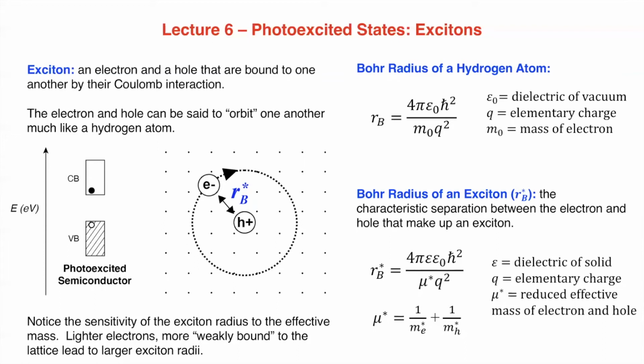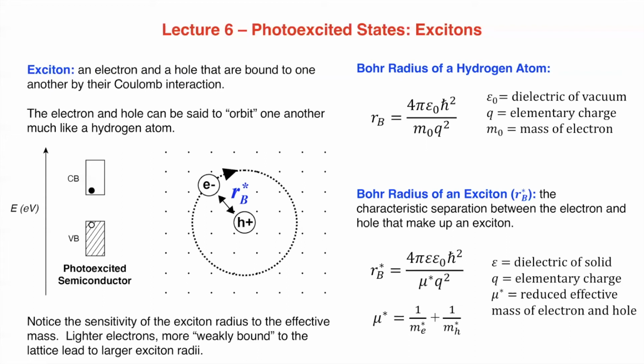And so the Bohr radius of a hydrogen atom can be calculated from this equation shown here at the top of the page. You've got the dielectric constant of a vacuum up there. You have the mass of the electron, and then the elementary charges of those two things that are attracted to one another.